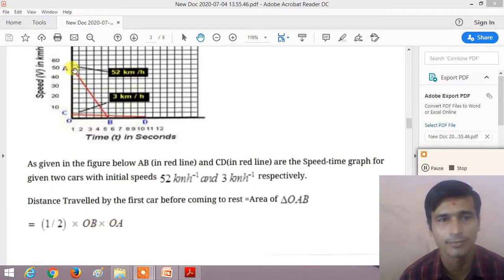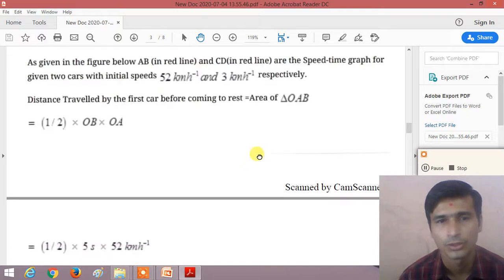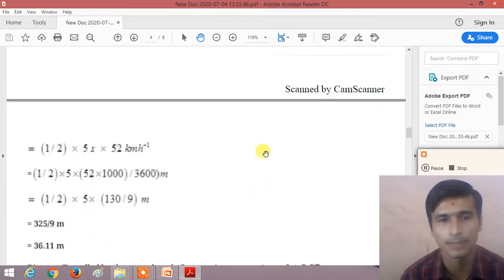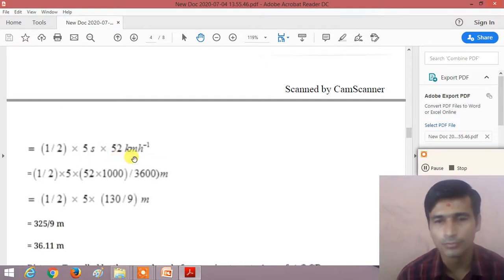A is at 52 km per hour and O is at 0, so OA is 52 kilometer per hour, right? So 1/2 into OB, which is 5 seconds, and OA, which is 52 kilometer per hour.